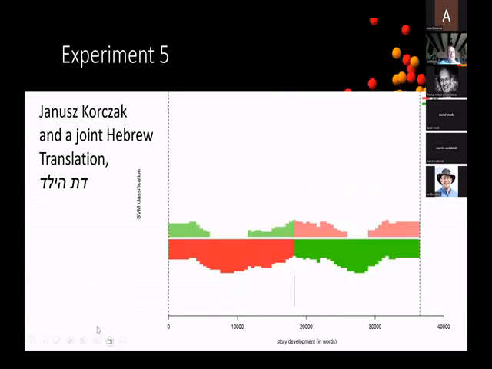Okay, one more thing. We also can, if we want, look into a single text that was written or translated by two different persons. Here we have one text by Korczak translated from the Polish by two translators.